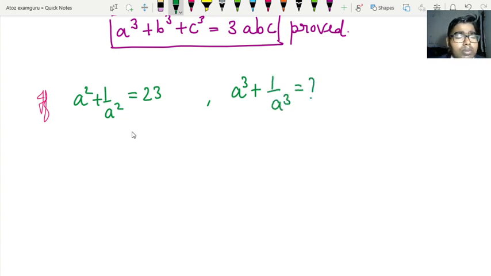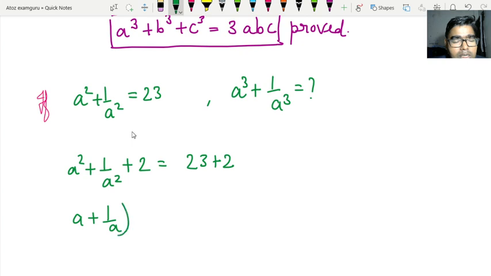Right? Simply what we will do, if you add twice on both sides, it will become 23 plus 2, that is 25, and this is what?